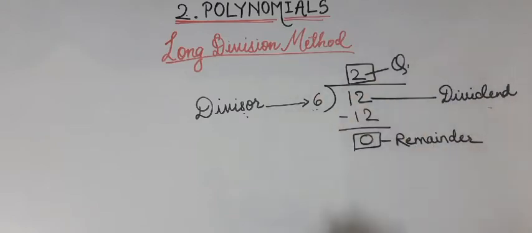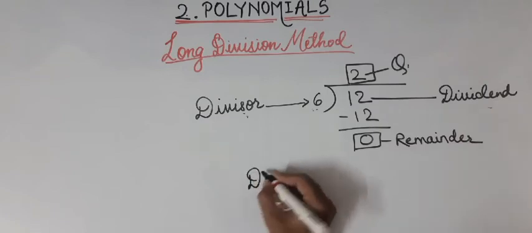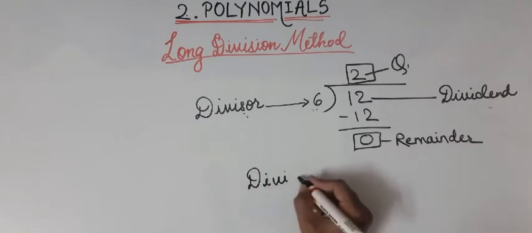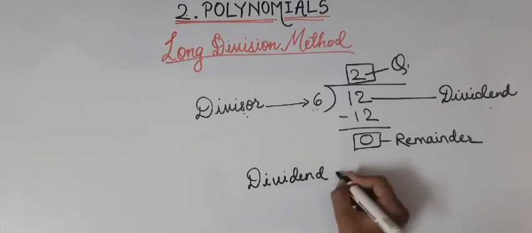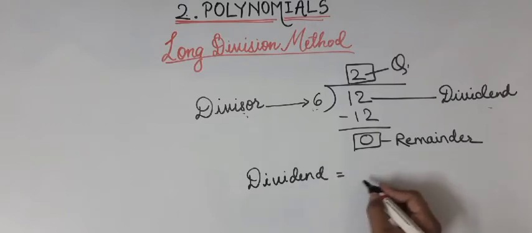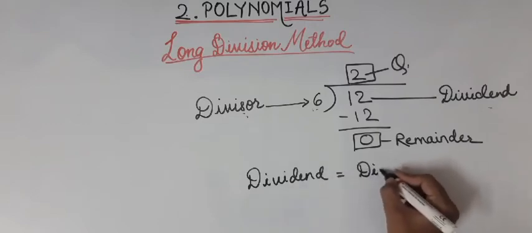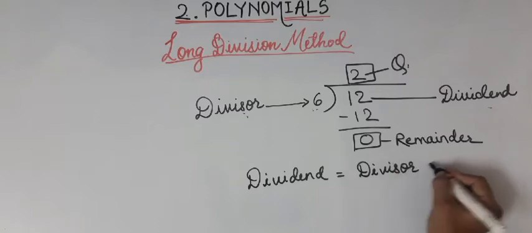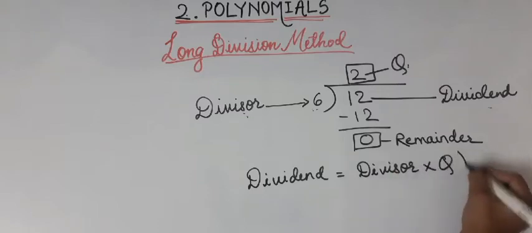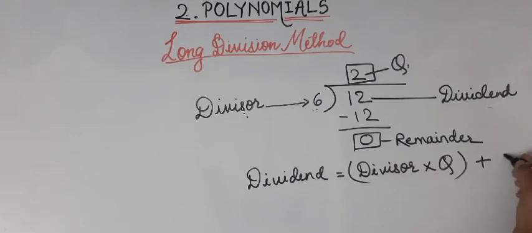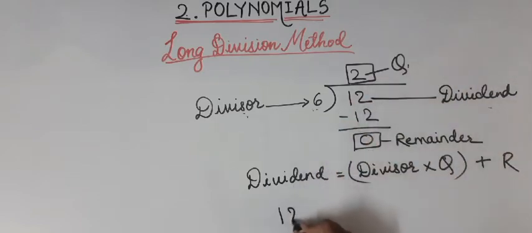And how do you check this? You have already studied this in your lower classes. Dividend is equal to divisor into quotient plus remainder. Now let us see for this example. What is the dividend? 12.